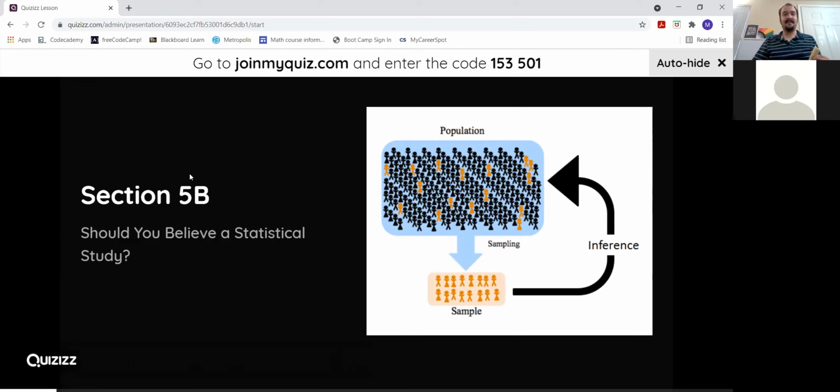So it might be medicine. Maybe you're trying to see if some kind of medicine reduces the incidence of heart attack, right? You're going to give them the active medicine, you're going to give them the placebo, and you're going to see whether one of those groups does better or worse with heart attacks.